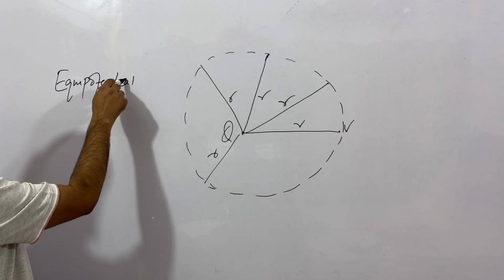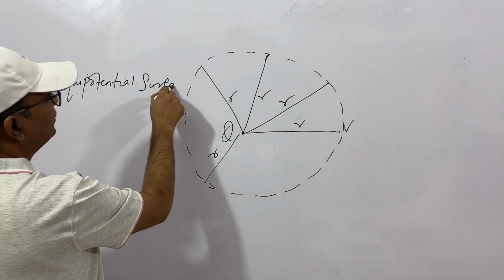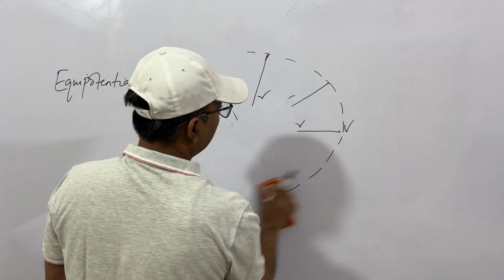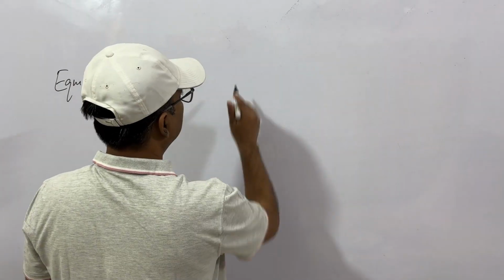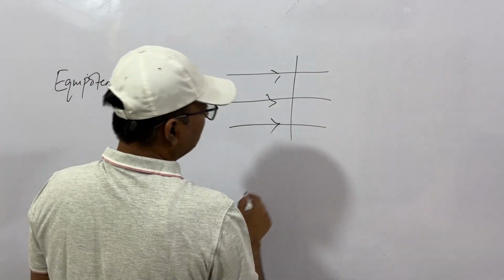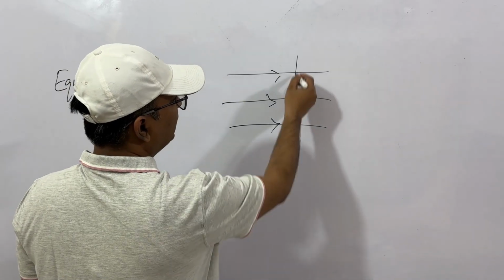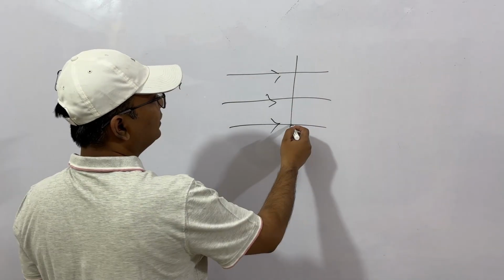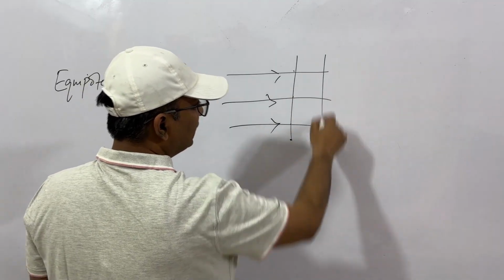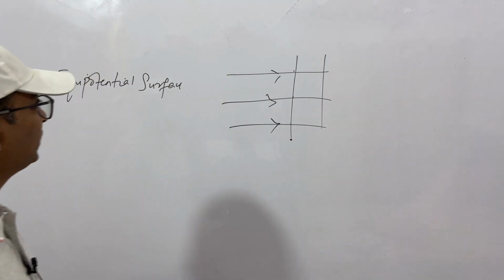So for charge Q, it is like this. If it was a uniform electric field like this, then on this line the potential will be same. So these are also equipotential surfaces.